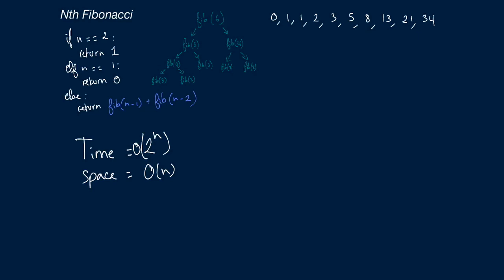So what if we could store all these solutions that we calculate, like fib of 4, in some kind of object or hash table, and then access them in constant time, O of 1 time, in the future? So in other words, we could say, if n is in memwise, let's call our caching hash table memwise, if n is in memwise, just return memwise of n.